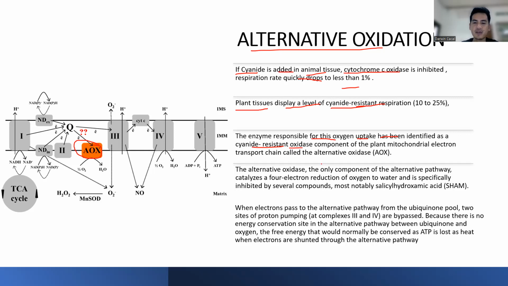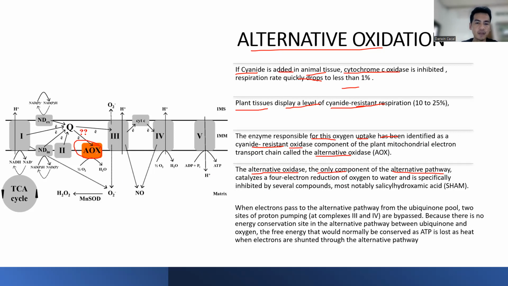Okay? So of the plant mitochondrial electron transport, that is called alternative oxidase. So the alternative oxidase is the only component of the alternative pathway. So, the alternative oxidase is an enzyme that is the only component of the alternative pathway.